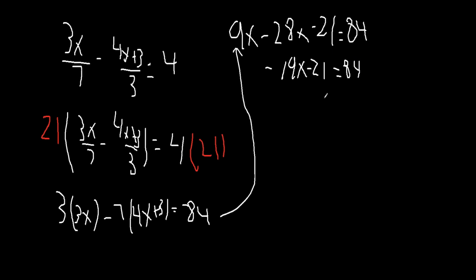So we can get rid of our negative 21 by using our opposite operation, addition, and adding that to this side here, our right side.